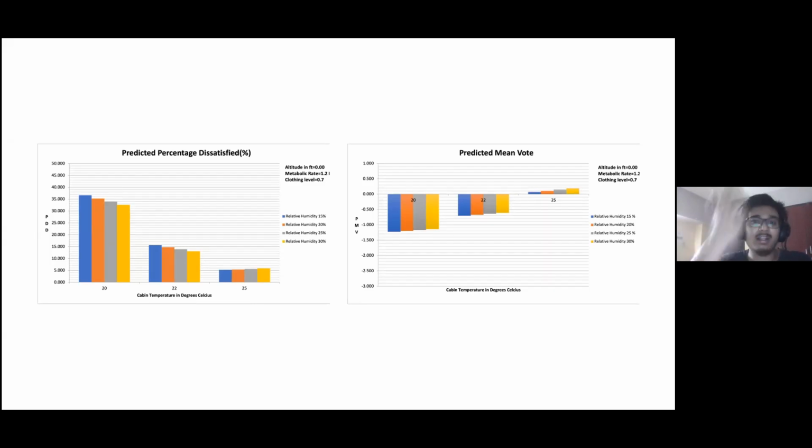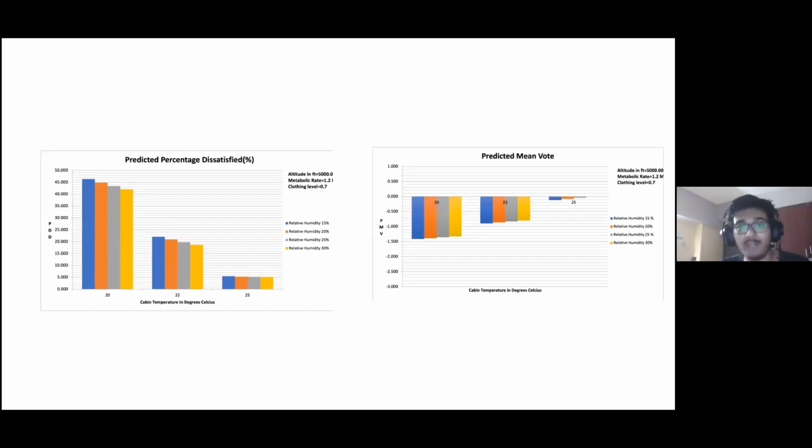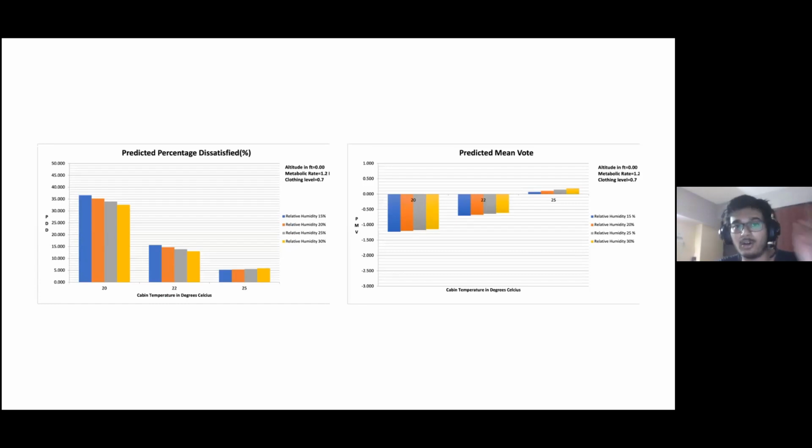And here you can see altitude 0 feet, metabolic rate 1.2, which is around 70, and the clothing factor is kept at 0.7. We've taken three scenarios: this is one, and the remaining two are at an altitude of 2000 feet, which is takeoff or landing, and 5,000 feet, which is the cruise, which is actually the more crucial one, because the plane spends more time in cruise mode. So these three are for the clothing level of 0.7, and the remaining three are for 0.8.